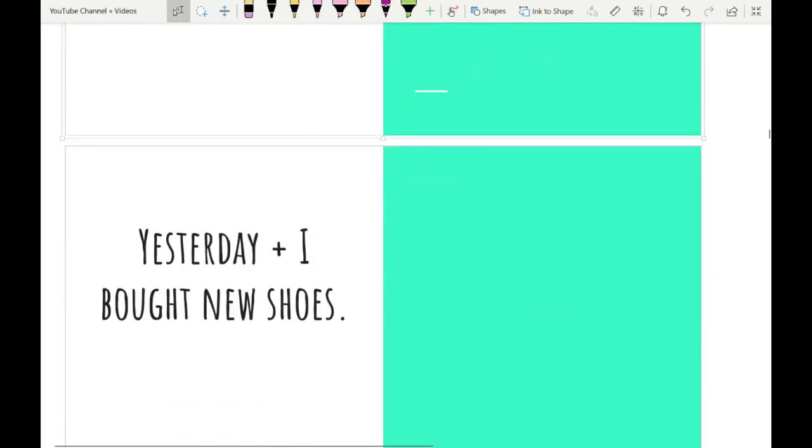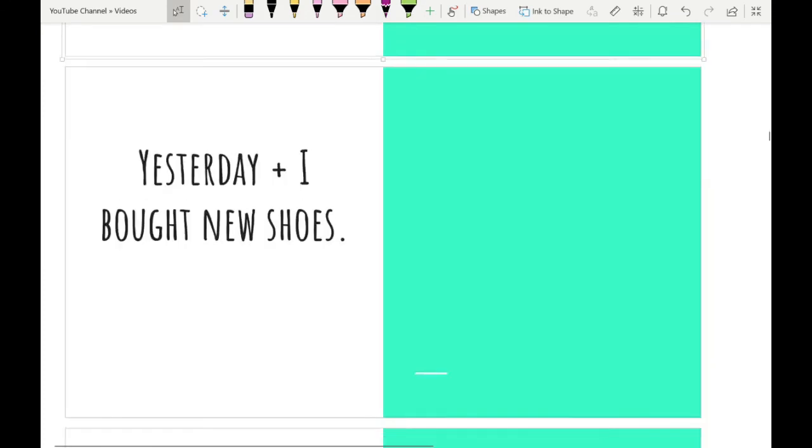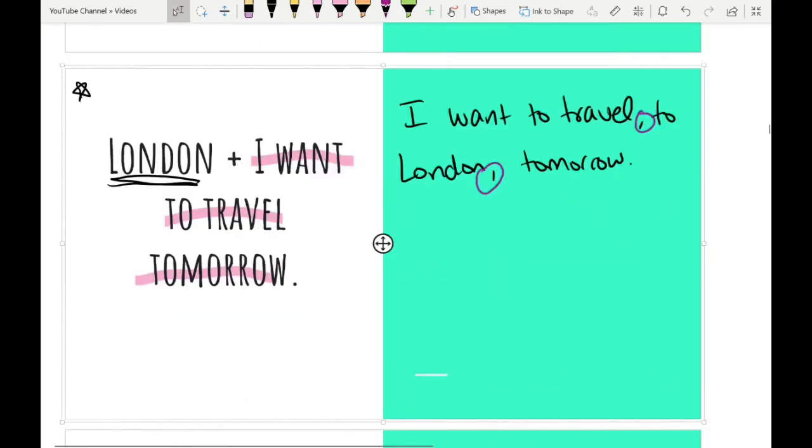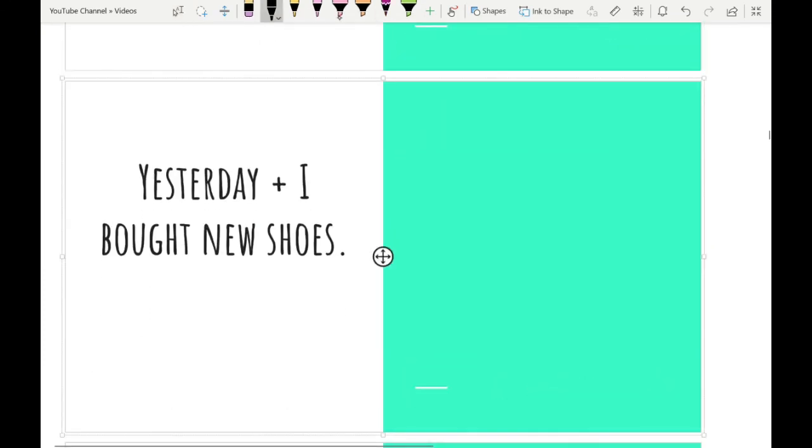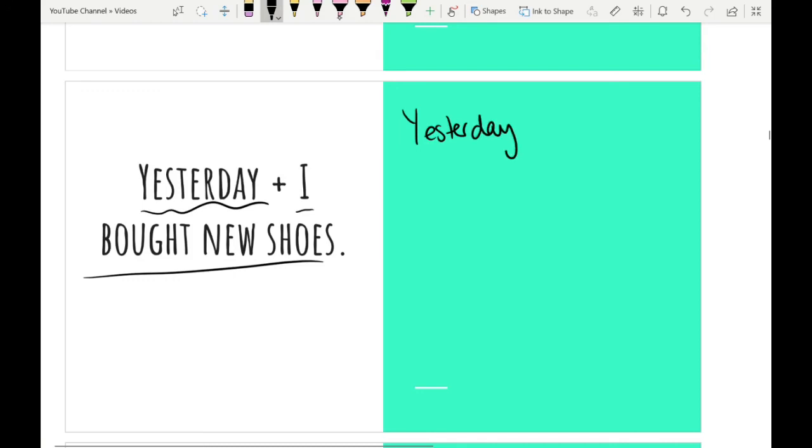Let's take a quick look at, let's do this one right here. This is, sorry, our last one. I really just want to do one where it's not in the middle. So yesterday I bought new shoes. Take a pause. Okay, so this one you could actually, if you wanted to, say yesterday, comma, I bought new shoes.